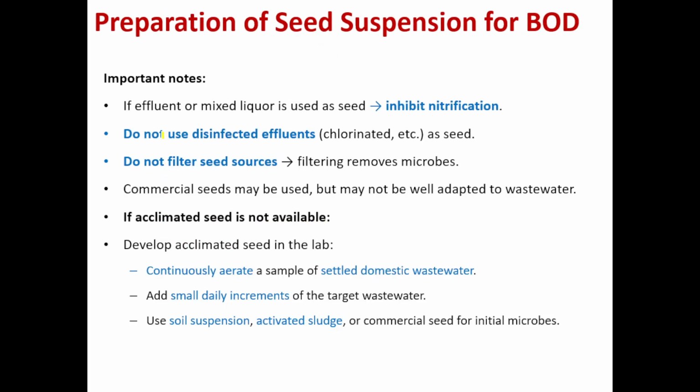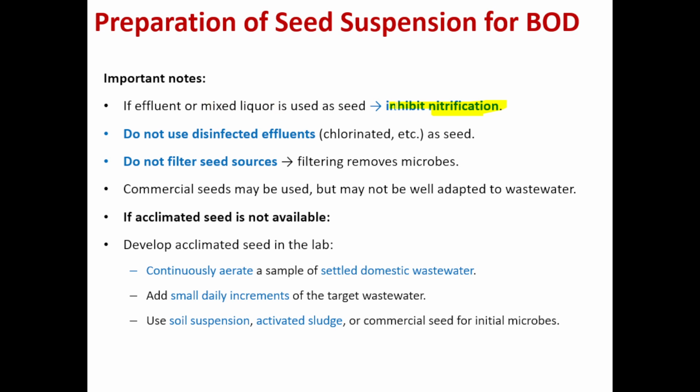Now, the preparation of seed suspension. If effluent or mixed liquor is used as seed, we need to inhibit nitrification, because effluent or mixed liquor is very likely to have a high quantity of nitrifying bacteria.